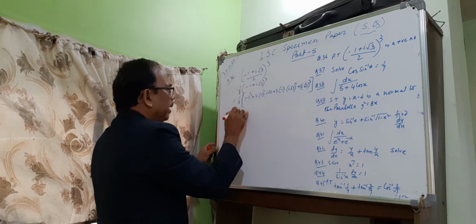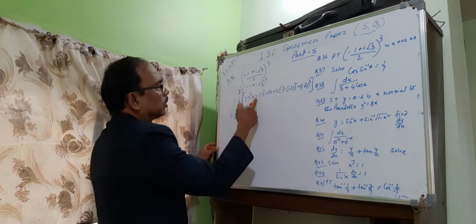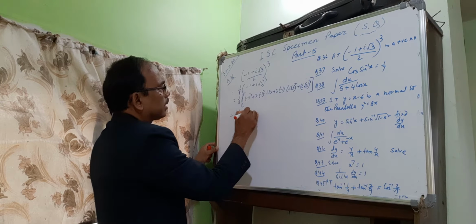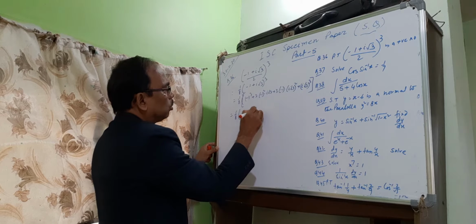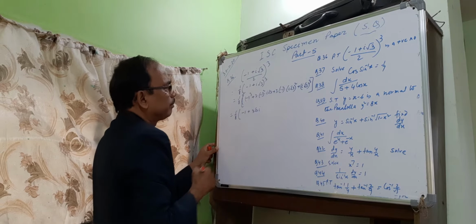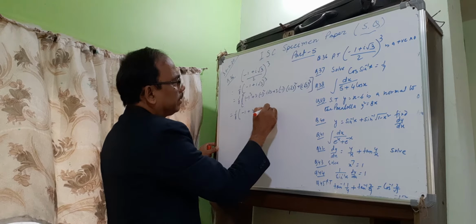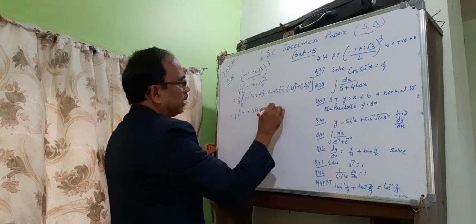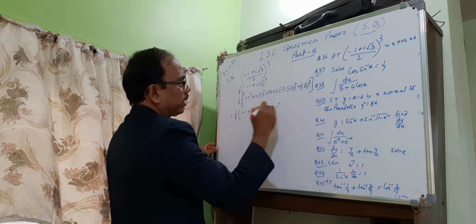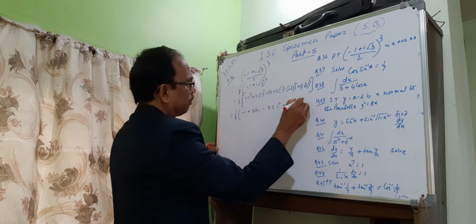That is 1 by 8 times (-1 cube is -1), plus 3 times (-1) whole square positive, that is 3 root 3 i. This will be minus 3 into root 3 square, that is 3, into i square, plus i cube into 3 root 3.